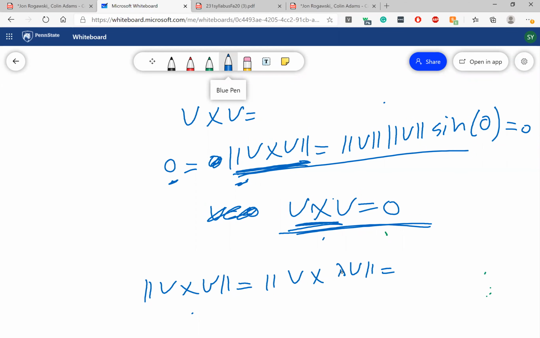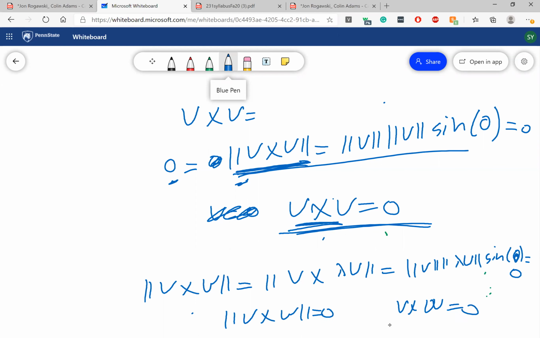This is equal to the magnitude of V times the magnitude of lambda V times sine of 0, which is also equal to 0. So the magnitude of V cross W is 0, which means that V cross W is equal to 0.